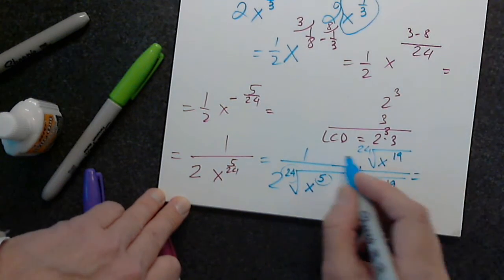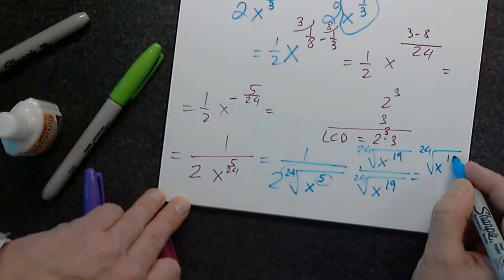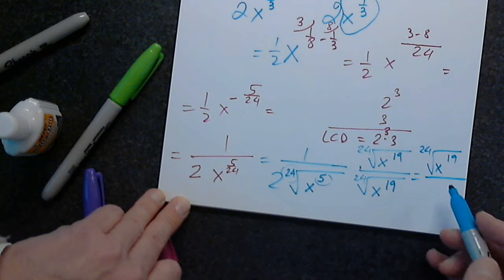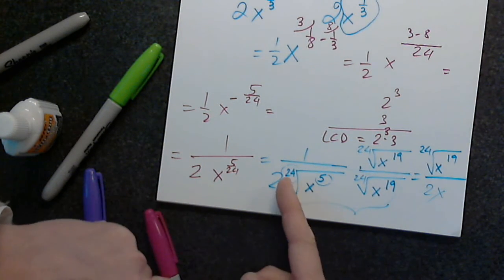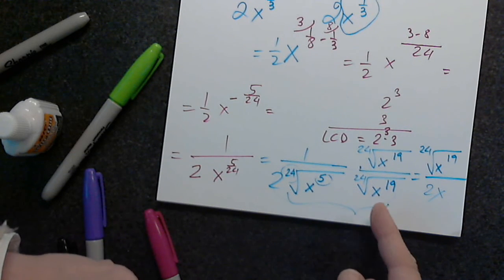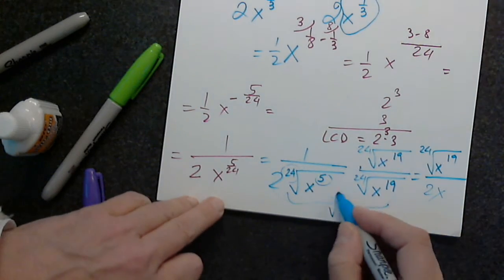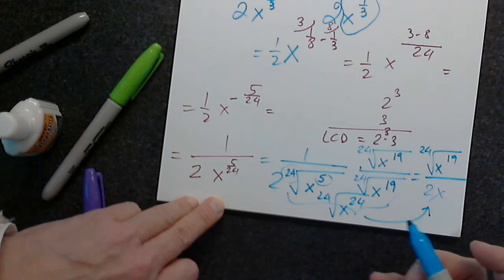So the numerator stays as this product, the 24th root of x to the 19th, and the denominator is 2x. The 24th root of x to the 5th times the 24th root of x to the 19th is the 24th root of x to the 24th, which is x.